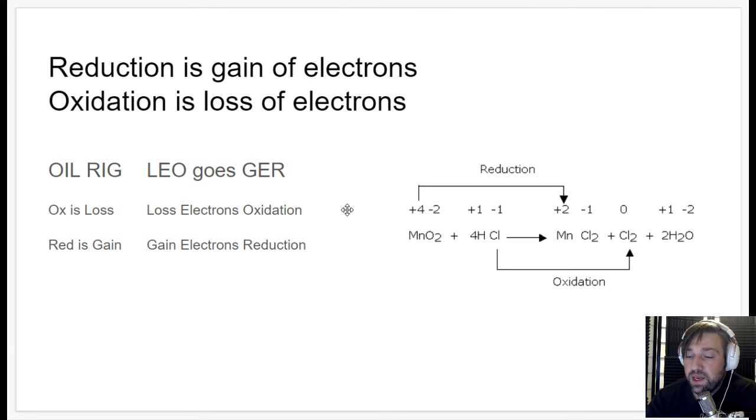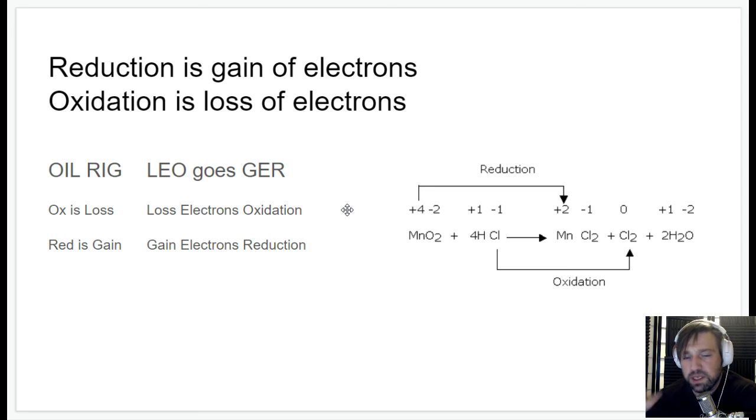So you're moving electrons around from one compound to another because you're moving oxygen around. So if you're being oxidized, usually you are losing electrons. And if you are being reduced, as in you're losing oxygens, you're actually gaining electrons.